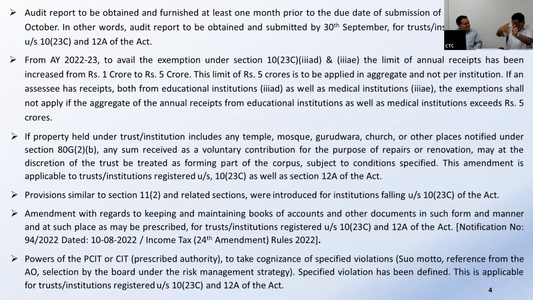Now it is centralized. Every trust has been given a particular number, URN. Now provisional to regular and renewal will be done by CIT exemption, not DGIT or CPC.